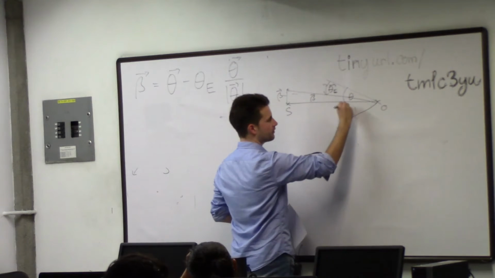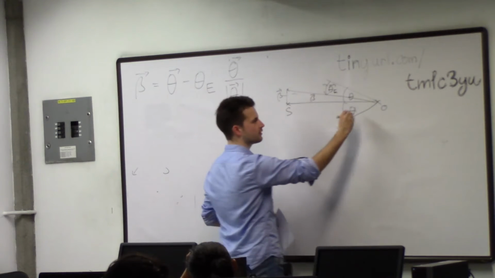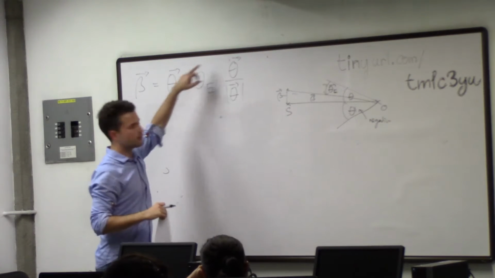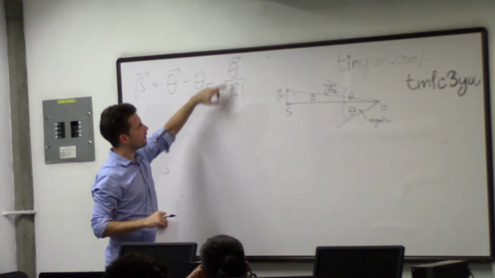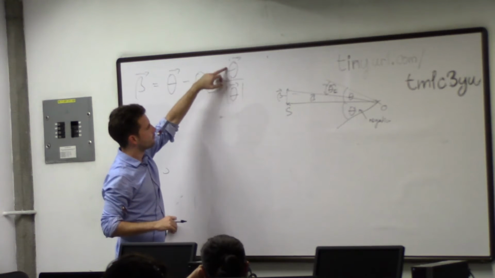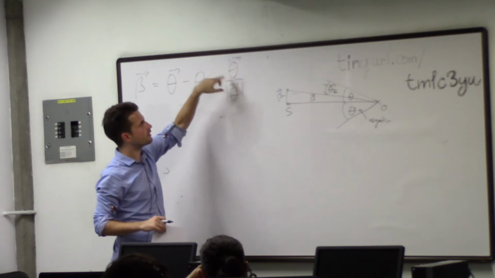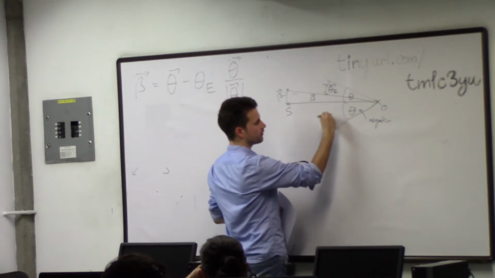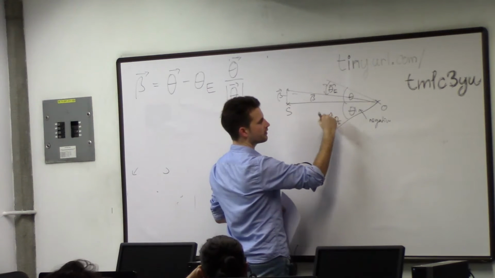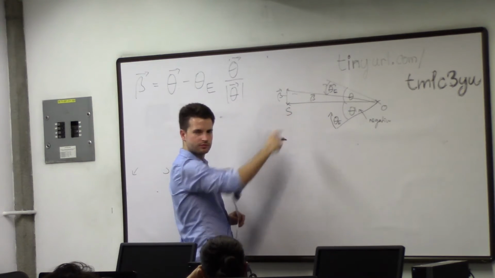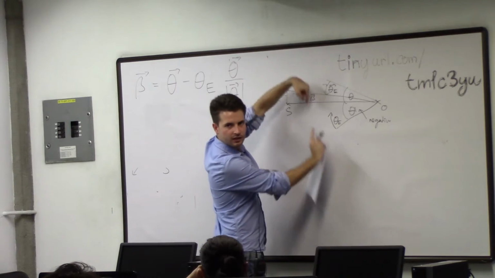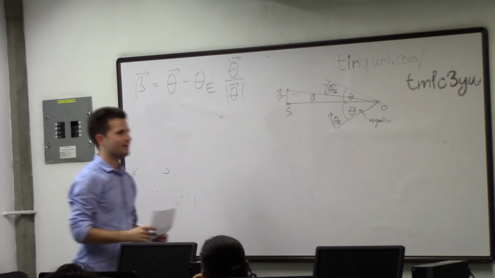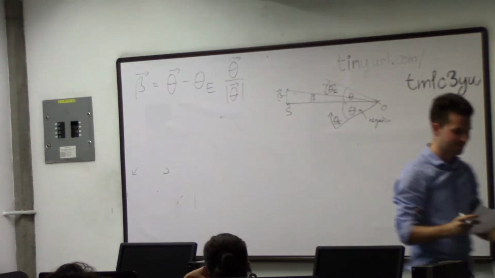And if your theta is negative, then theta over its magnitude becomes a negative thing, with the minus sign in front it becomes positive. So your correction by the Einstein radius is pointing upwards. It's just a symmetric situation.